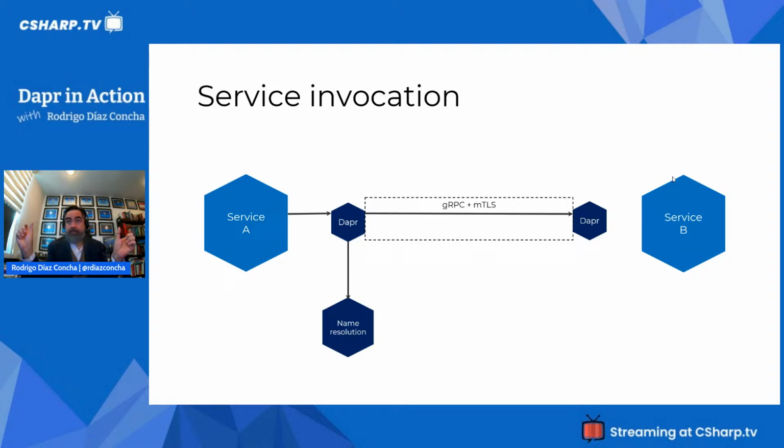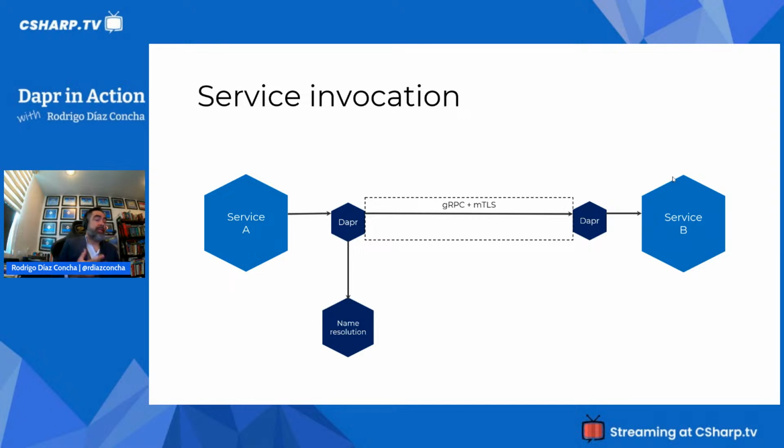I mean, between those two Dapr sidecars, gRPC is the technology that is going to be used. And it's going to use mTLS, mutual TLS, for data security between those two Dapr sidecar instances. And then it's going to send the request to service B.